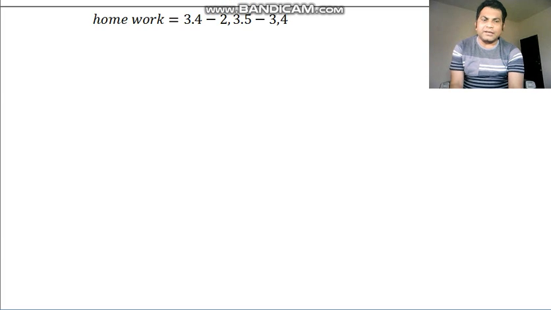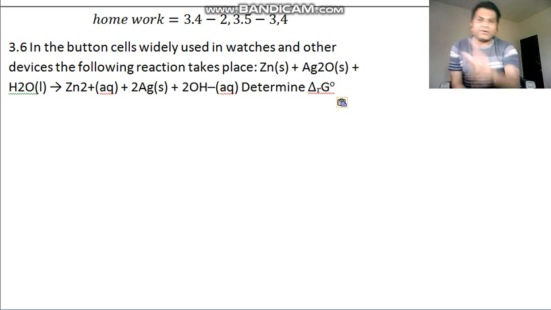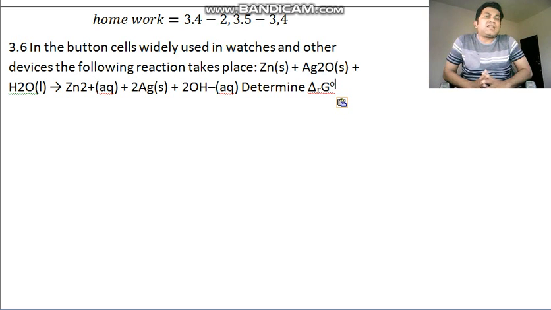Okay, so now next question is nothing but the 3.6 question we are going to do. And 3.6 question, what is given in question, let's read it. Okay, see, in the button cell widely used in watches and other devices, the following reaction takes place. Zn is going to convert into Zn plus 2, Ag2O is going to convert into Ag, and H2O is going to convert into OH minus.